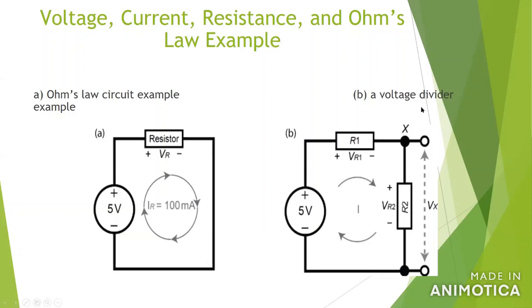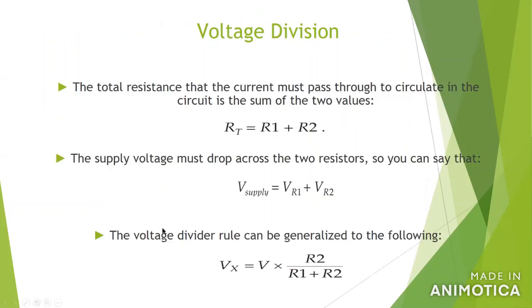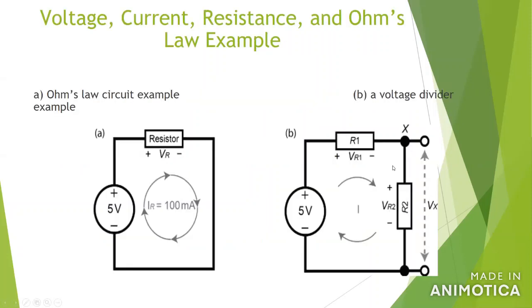How can we figure out the ratio of the voltage divider? We know the total resistance is equal to R1 plus R2. In this case we can directly add them together because they are connected in serial. If they are connected in another way, then we cannot directly add them.